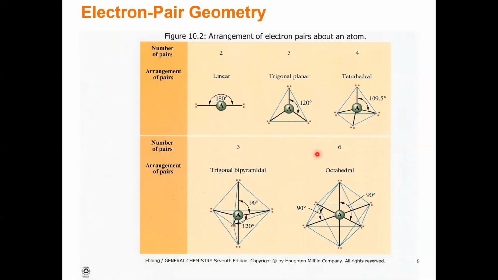In the case where we have 6 electron domains, we will have 4 in one plane and 1 on top and 1 on bottom. The angle between each of these electron domains will be 90 degrees. We call this an octahedral electron domain geometry.